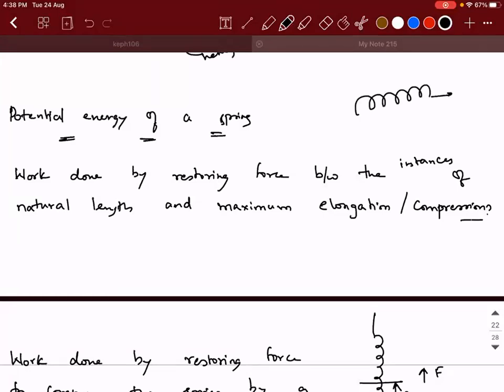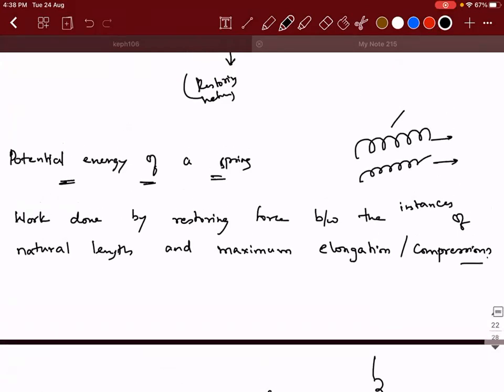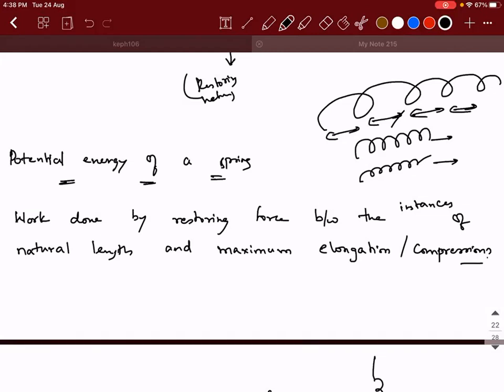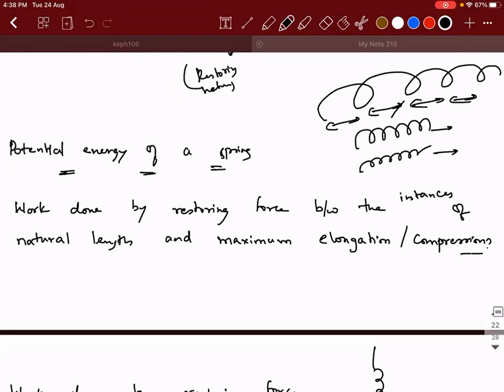You expand it lightly and leave, it is able to come back to its original position. You expand it even more and it is able to come back. There will be one particular position where you try to elongate it, it will become like this. Means the distance between the windings will increase and it will not be able to regain its original shape. That is the reason why we try to calculate only within the elastic limit. That is why I called it instances.